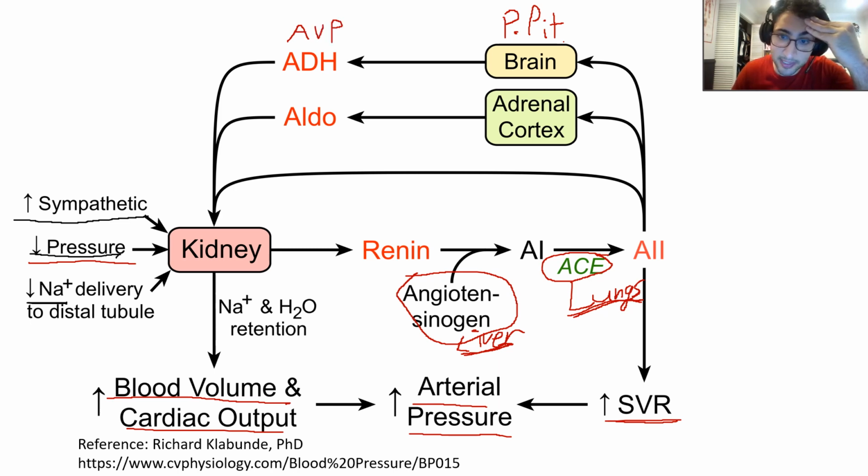The adrenal cortex is going to be acted on by angiotensin 2 to cause the release of aldosterone. So the adrenal cortex releases aldosterone under the stimulus of angiotensin 2, or on its own if there are high levels of potassium. And the reason for that is that aldosterone reabsorbs sodium at the cost of potassium.